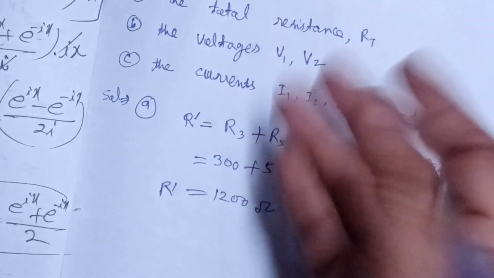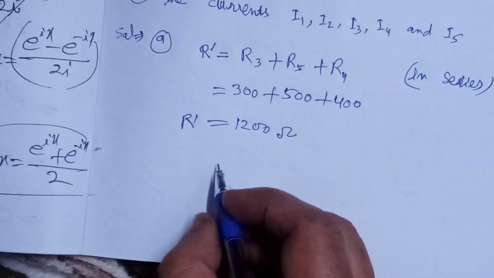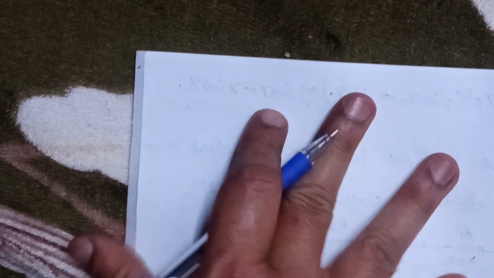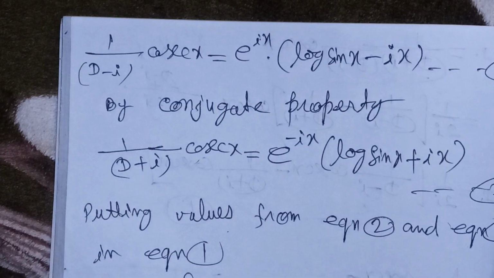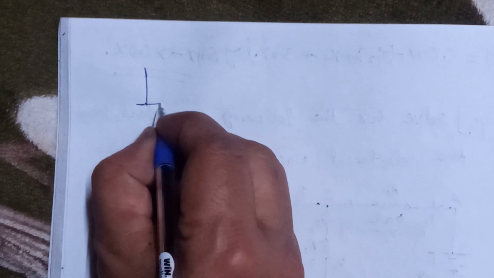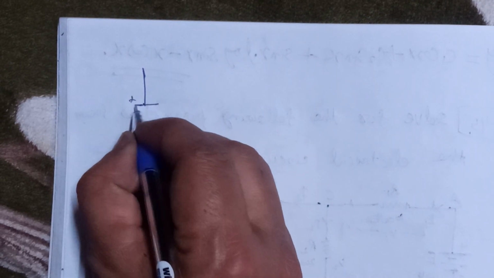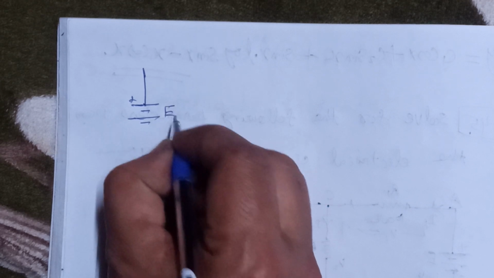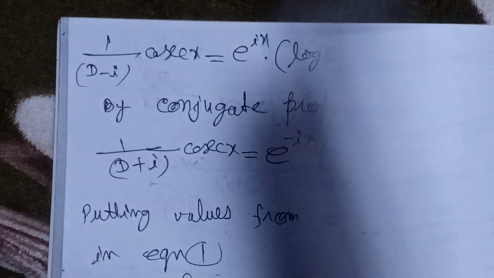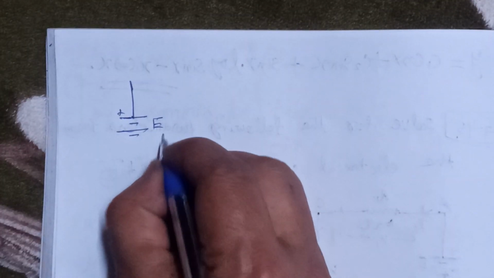Now we can connect the equivalent resistance of these three resistances as R dash. So I again make this figure with the battery E, which is equal to 100 volt.